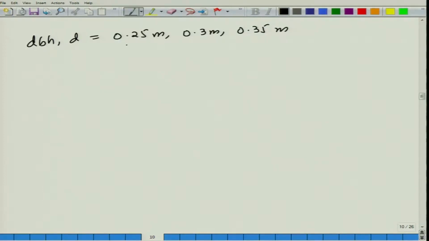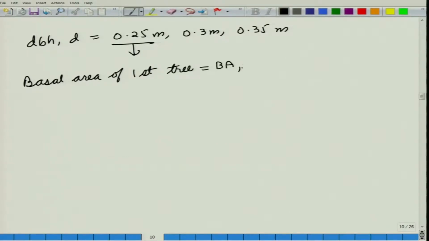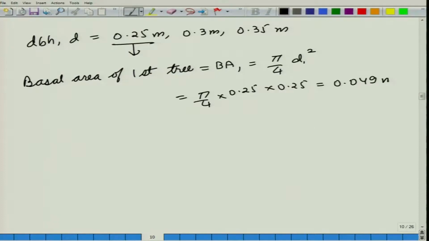For the first tree of 0.25 meters, the basal area, let us call it BA1, is given by pi by 4 d1 square, where d1 is 25 centimeters. So, this is pi by 4 into 0.25 meters into 0.25 meters, or as we calculated in the previous example, 0.049 square meters.